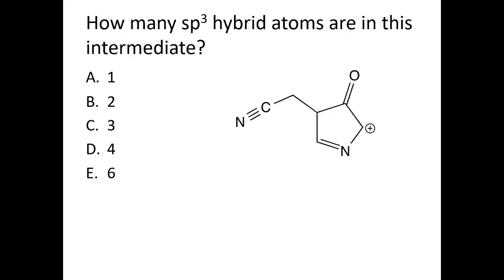Matthew says 2. Melissa says 6. Well, we have 1, 2, 3, 4, 5, 6, 7, 8, 9 possible atoms. Hydrogens can't be hybridized anything else besides 1s. So it's going to be these 9 atoms we have.